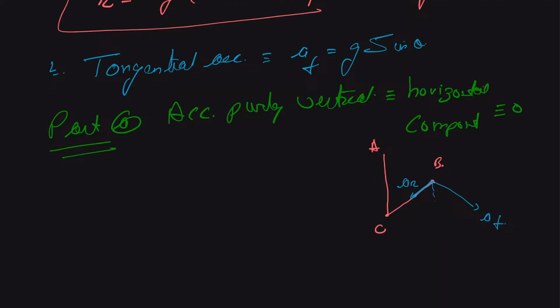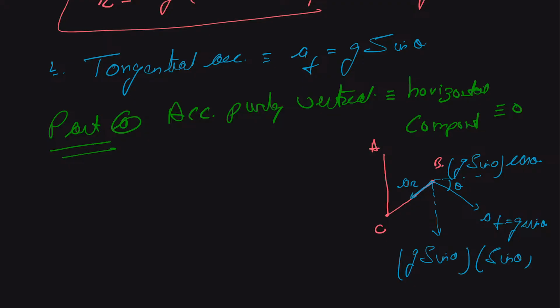The tangential component we know is g sine of theta. This angle is theta, so the horizontal part comes as g sine of theta times cos of theta, and the vertical component will be g sine of theta times sine of theta.